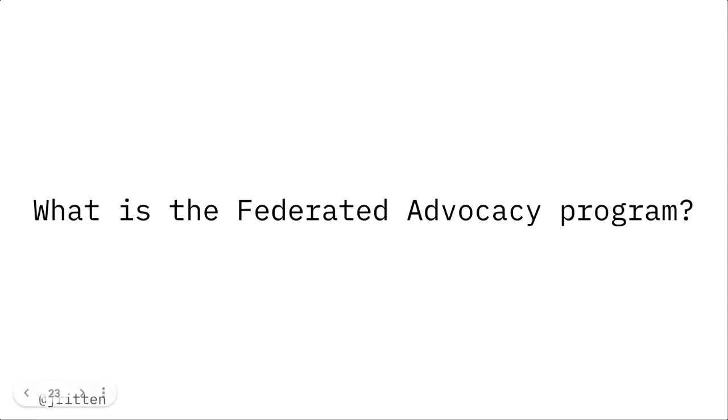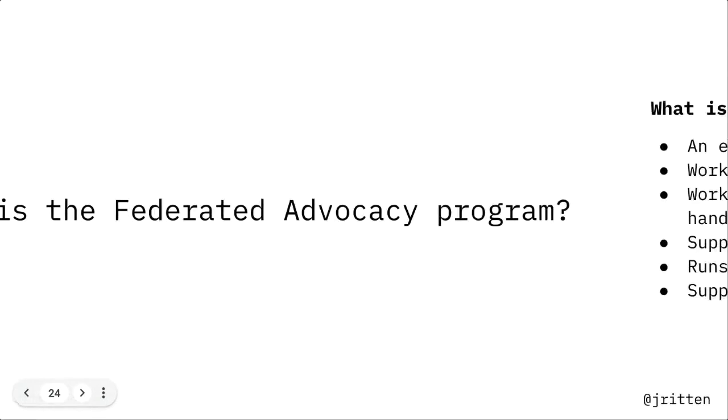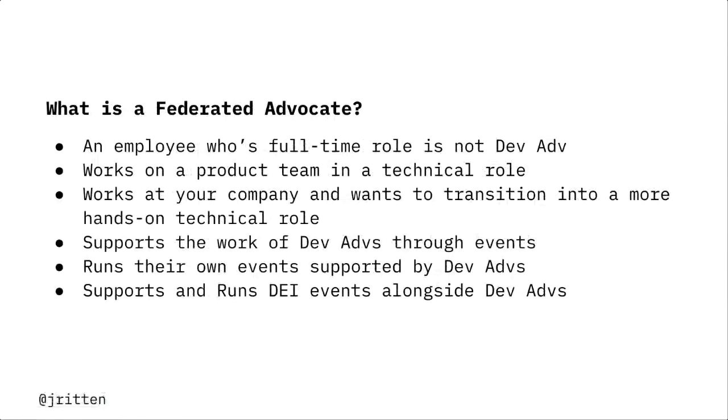So what is a federated advocate? Jordan is what we would consider a federated advocate. That's an employee whose full-time role is not advocacy. Jordan works full-time on a team as a software engineer. He works at the same company as the products that he works with. And he's supporting different IBM products through acts of advocacy, such as demoing and doing workshops and talking about technical topics.